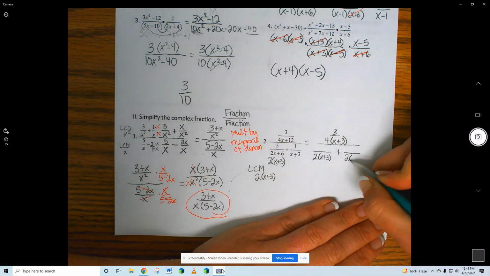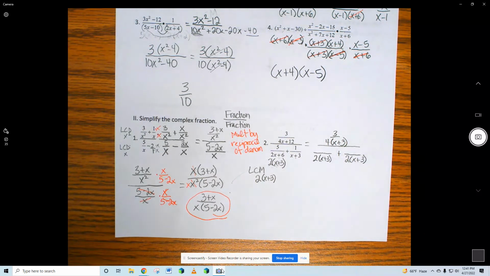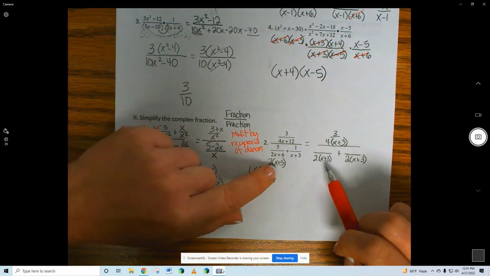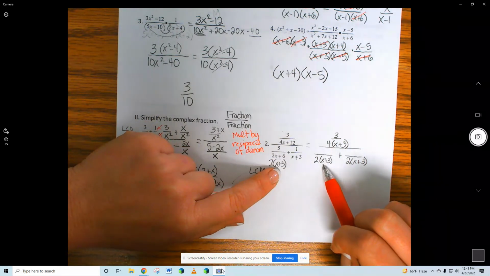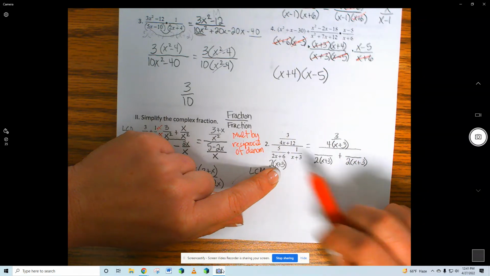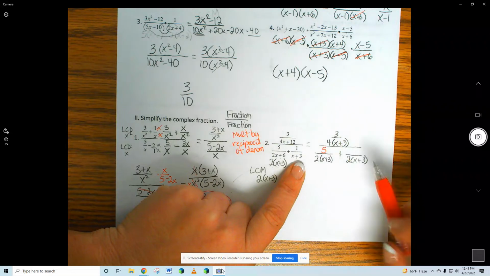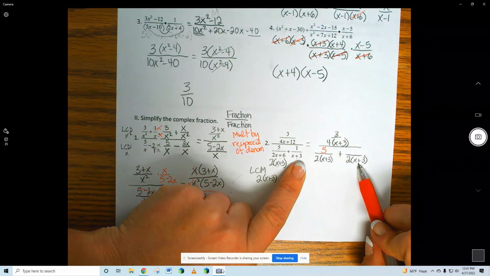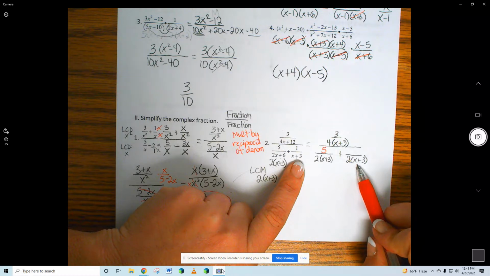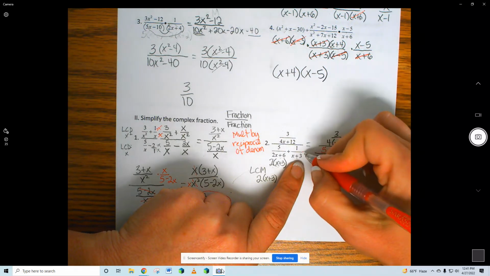I haven't quite finished the numerators yet. This denominator was already this one. So I'm going to leave the 5 up there. But what do I have to do to this x plus 3 to get 2 times x plus 3? Well, I need to multiply it by 2.